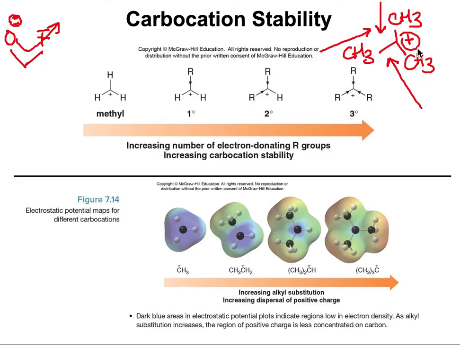And that will stabilize the carbocation, because the electrons are negative, and they are being pushed towards the plus in the center. So as the molecule has more R groups, it will become more and more stable. But when you have simple hydrogens around the carbocation, they are not stabilizing the plus sign.